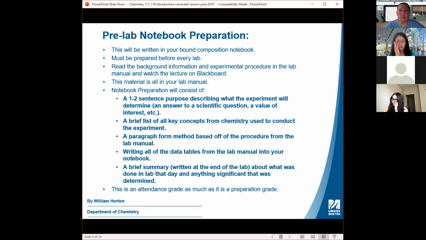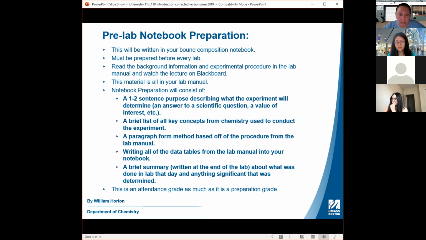An example purpose would be something like: the purpose of this lab is to determine the limiting reagent of a reaction between calcium chloride and sodium carbonate, and determine the limiting reagent at various volumes of the reactant. That is a 1 to 2 sentence purpose.